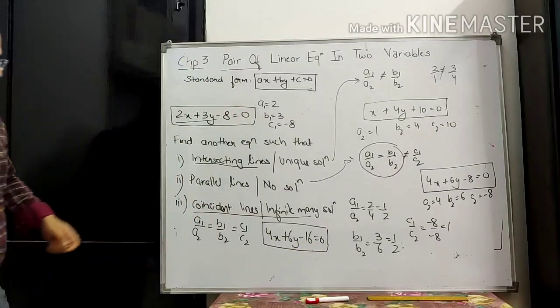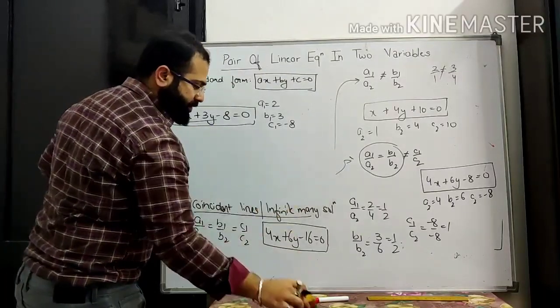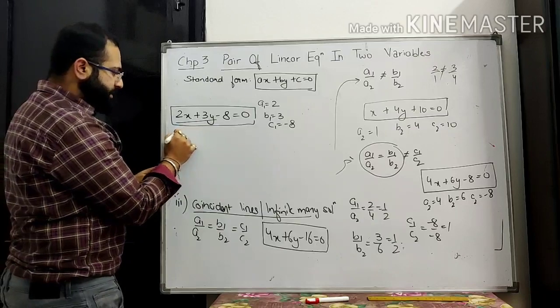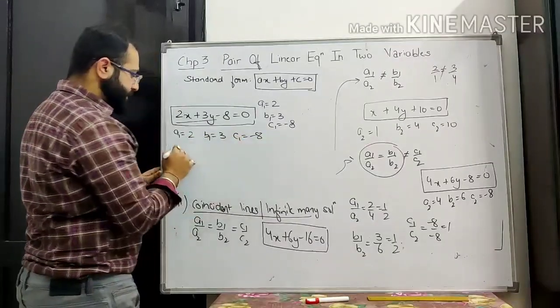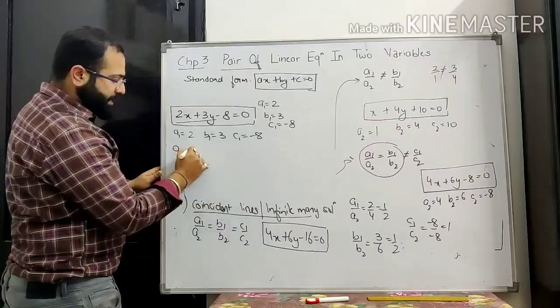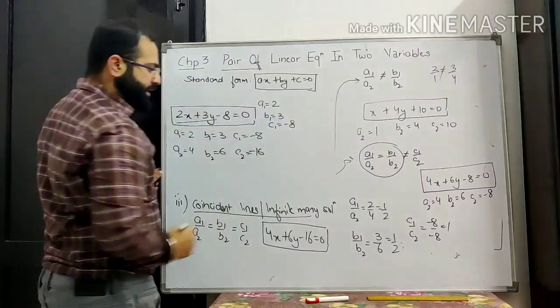So can we verify this? In order to verify, we have a1 as 2, b1 as 3, c1 as minus 8. We have a2 as 4, b2 as 6 and c2 as minus 16.